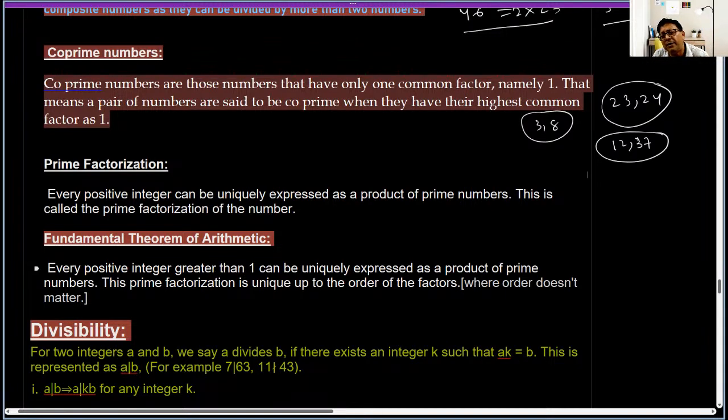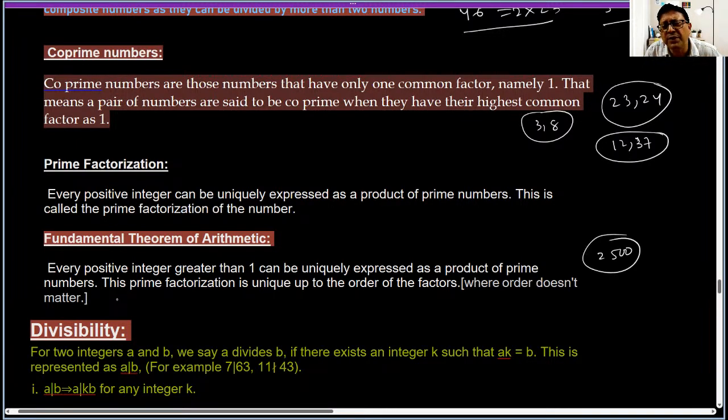If I tell you to do prime factorization for 2500, you all will be able to do it, because it is 5 to the power 4 into 2 square. Order doesn't matter. You can write 2 square into 5 to the power 4 or 5 to the power 4 into 2 square. There is no problem. Clear?